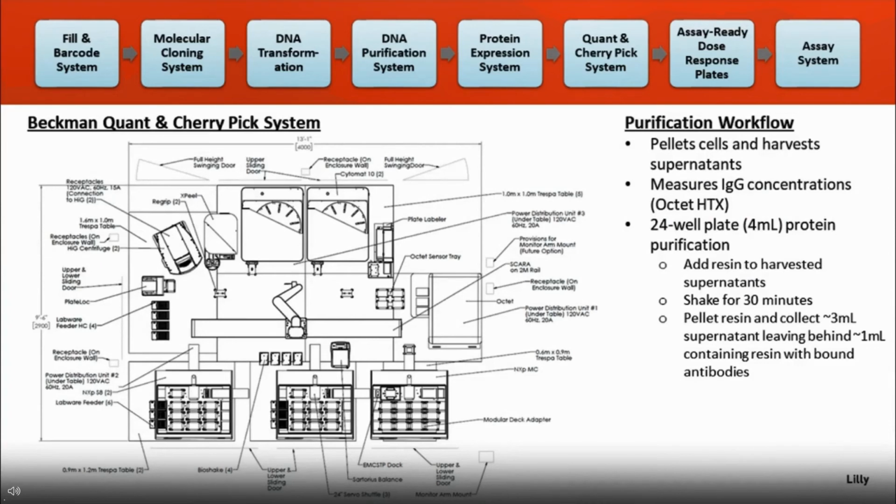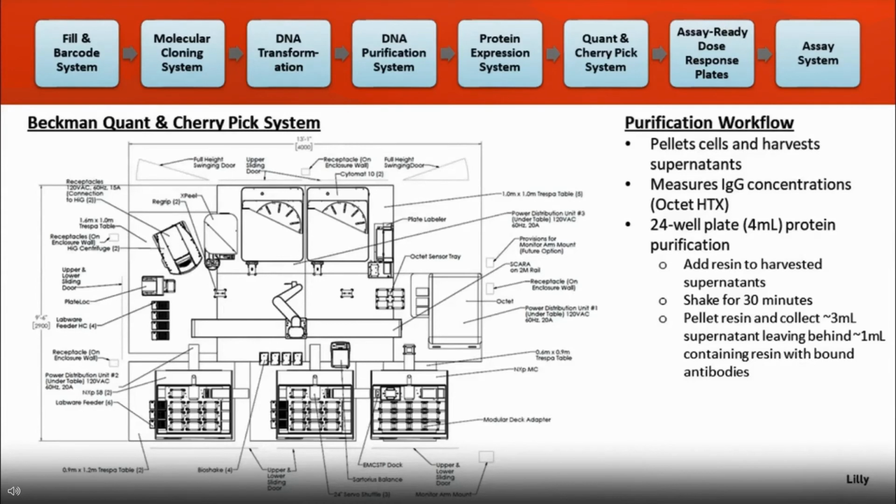And so as we pellet cells and harvest the supernatants and we measure the titer on the Octet, we can run 24-well plates in the system in largely the same manner. But what we can also do is use the fleet of liquid handlers on here to add resin to those supernatants. And then we seal the plates up and put them on the BioShakes for roughly 30 minutes or so.